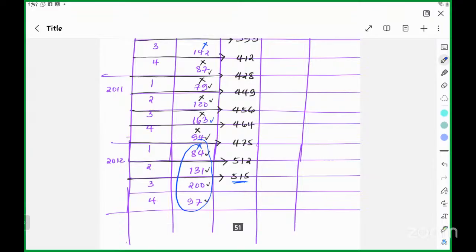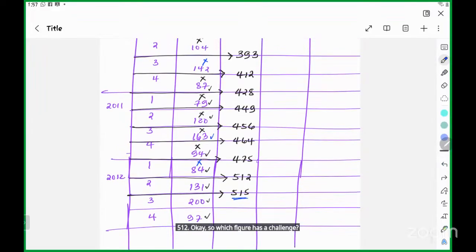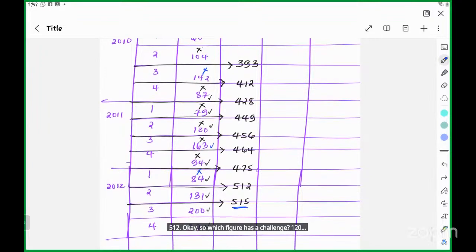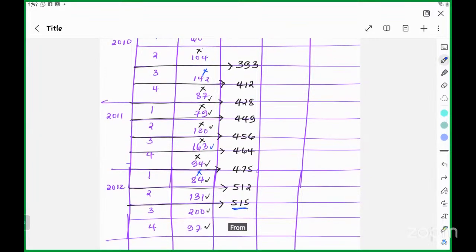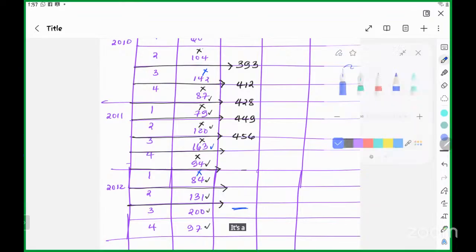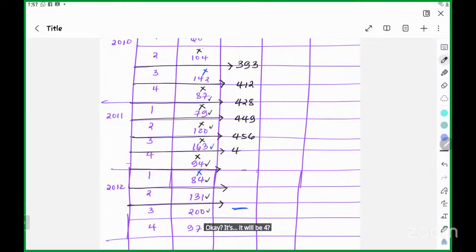512. Okay, so which figure has a challenge? From 464. Okay, kindly correct us. 461.